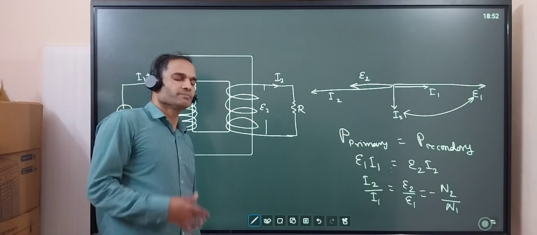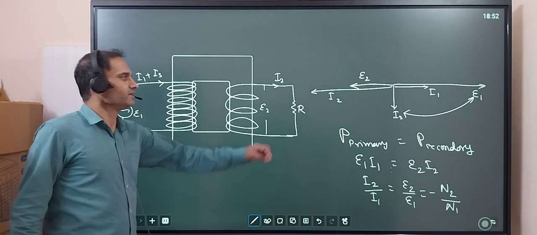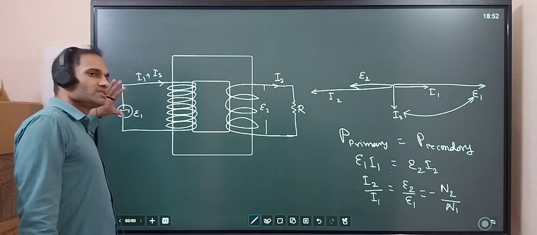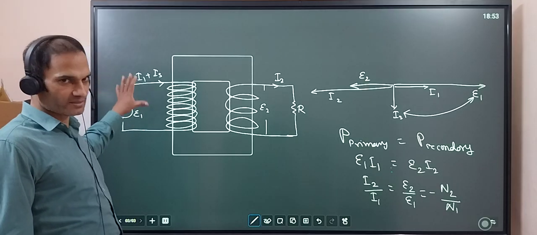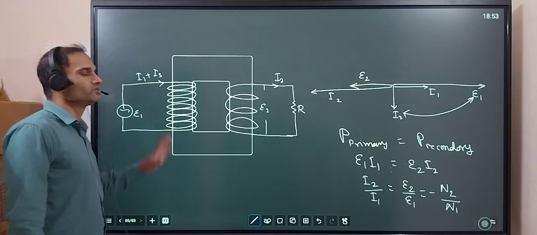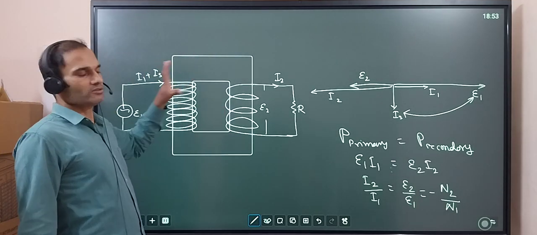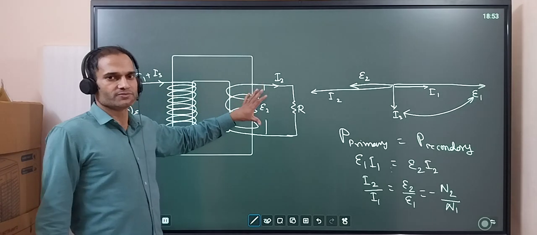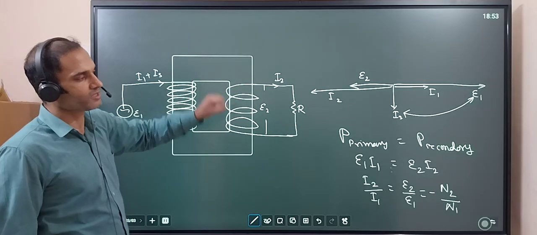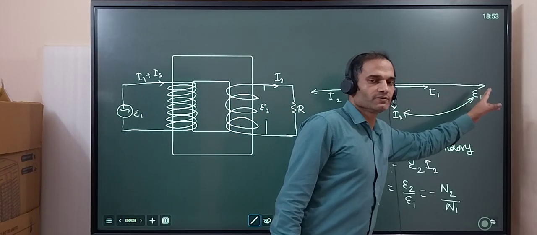So let us summarize again. Let us say R is not there. This is the source EMF. This is constant, the RMS value is constant. It is changing sinusoidally, but the RMS value is constant. So this is producing some magnetic field, and because of this E2 is coming into the picture, and that E2 is out of phase with E1.